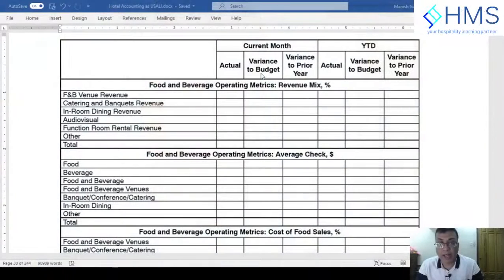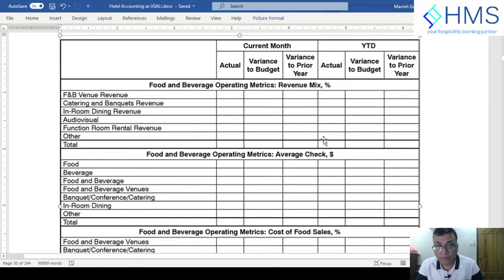So the first table that USALI recommends to look at is this table, which describes the operating metrics for the F&B department. It covers the revenue mix, the average check, the cost of food sales, the cost of beverage sales, and also some other operating ratios.